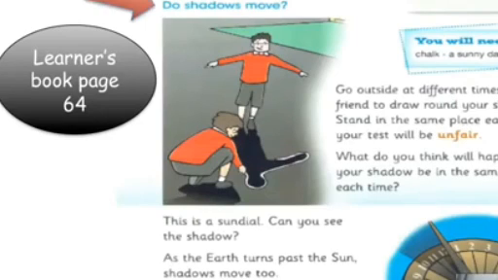Do shadows move? Yes, no, or I don't know. A new word to learn today. Unfair. What is unfair? So, if I give you a candy and your friend nothing, is that fair?